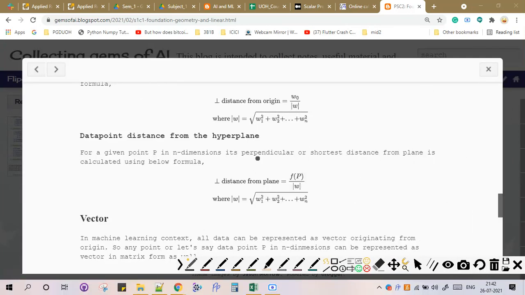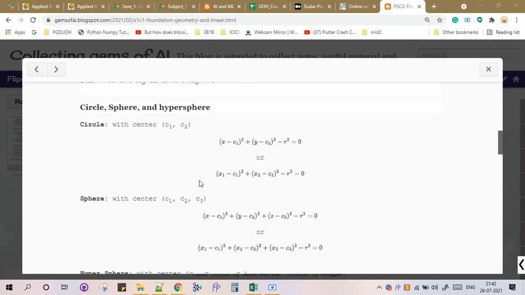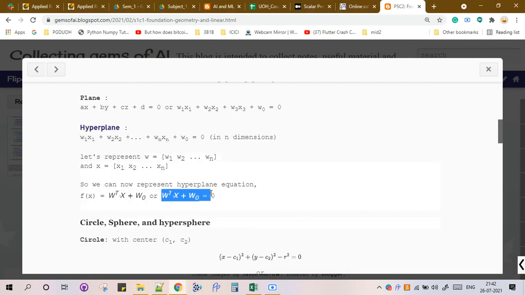Let me remove everything. So the given hyperplane can be represented by this equation equal to 0, or you can also represent it as y = f(x) equal to this. And this is useful when you need to predict something, correct? I was in confusion whether they will use the terminology from machine learning and ask questions on geometry, right?